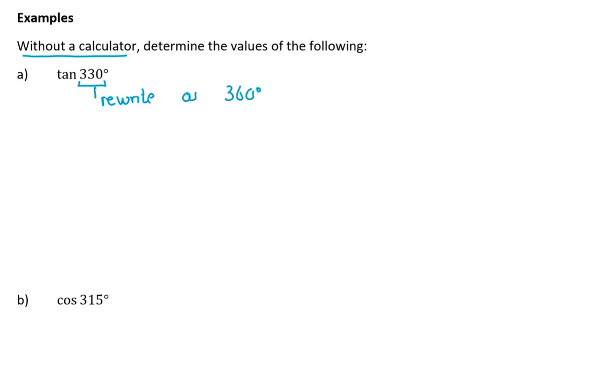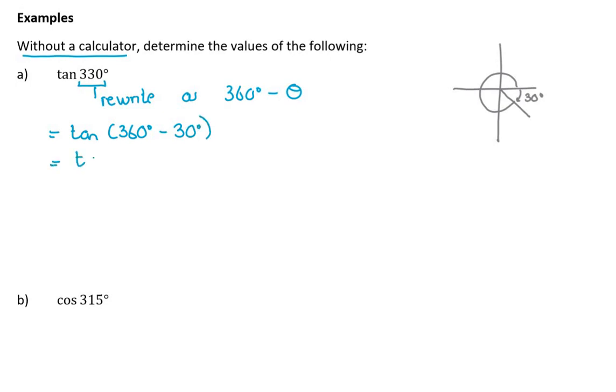I could do 180 plus, I could do 180 minus, I've learned those as well, but this is 330. And if we know our Cartesian plane, we all know that 330 is all the way around into quadrant 4. And this angle to complete the 360 would be 30. Therefore, I can rewrite 330 as 360 degrees minus 30. Now, I know that that reduces to tan of 30.